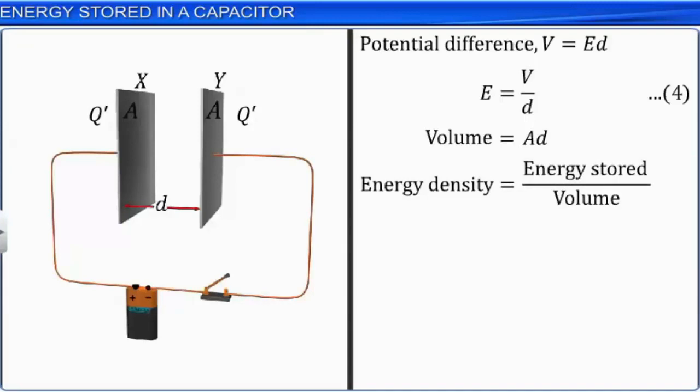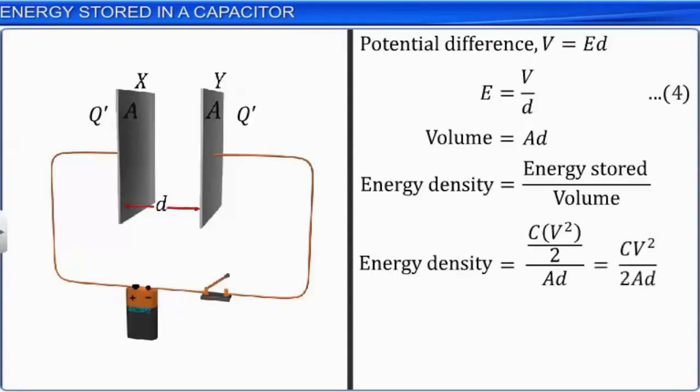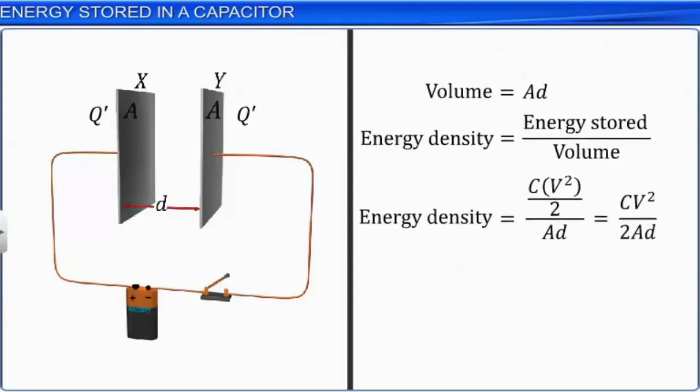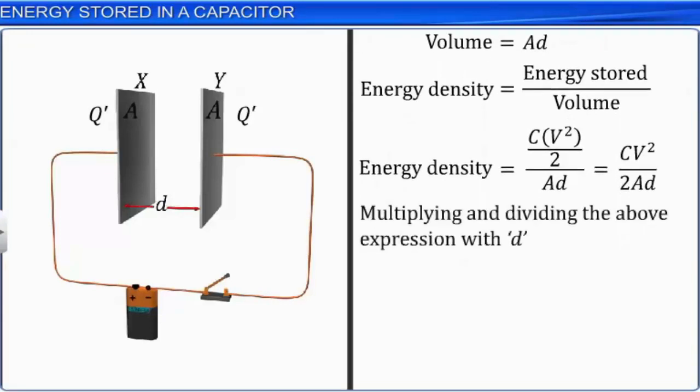This is equal to half CV square divided by AD, since the volume is equal to AD, which is equal to CV square by 2AD. Multiplying and dividing the right-hand side of this expression with D, we get energy density is equal to half CD into V square by AD square. Let this be equation 5.